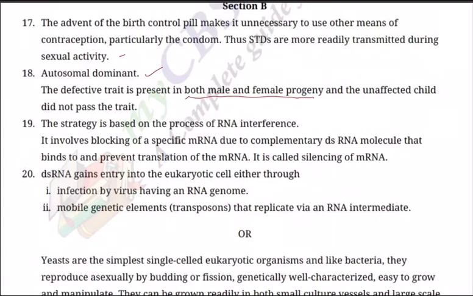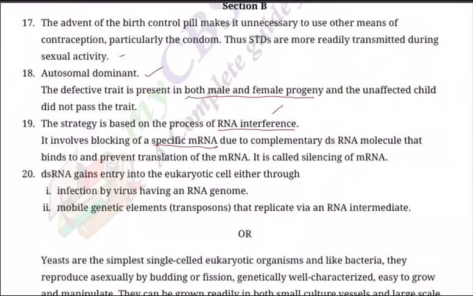Question number 19. Tobacco plants are damaged severely when infested with Meloidogyne incognita. Name and explain the strategy that is adopted to stop this infestation. Now the answer. The strategy is based on the process of RNA interference.